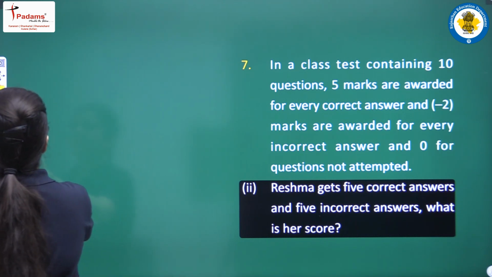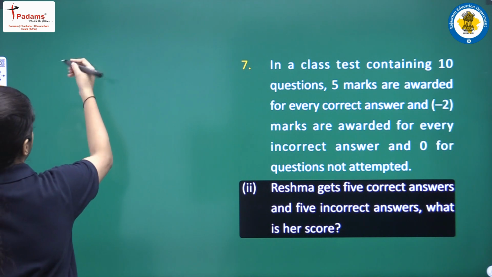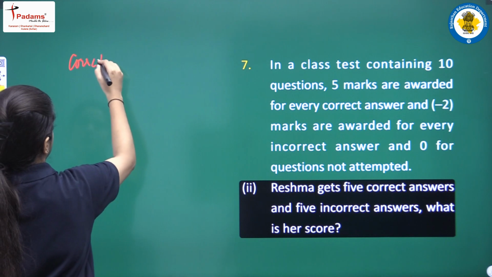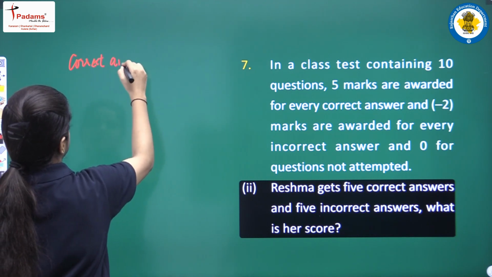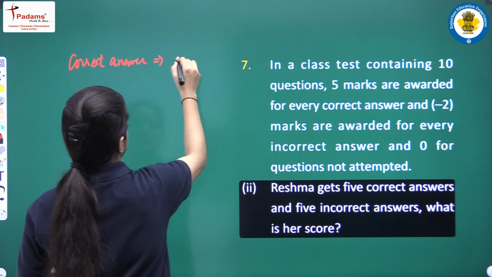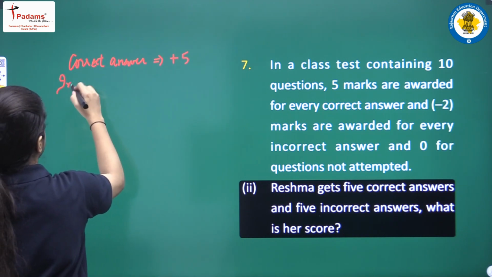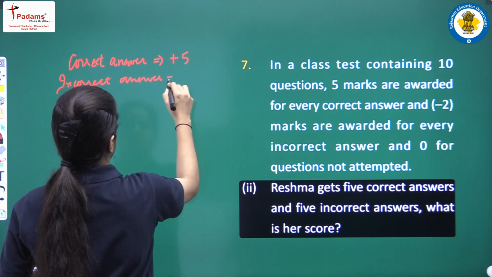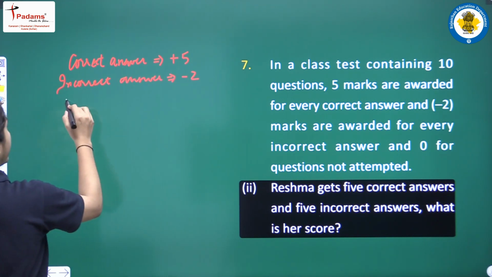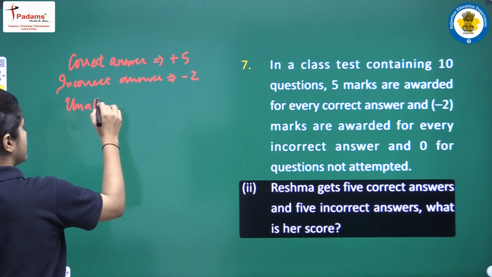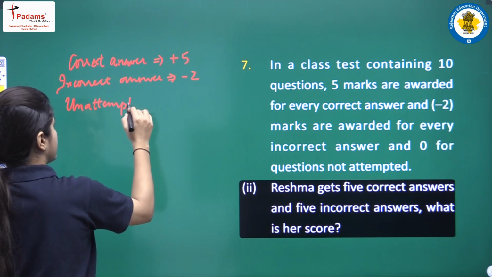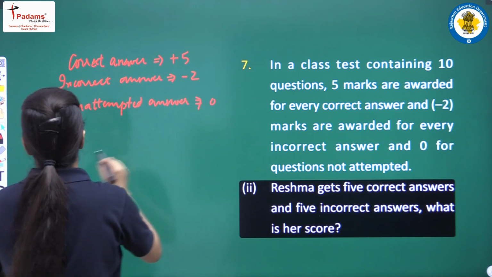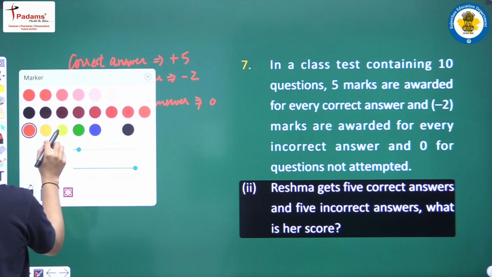Okay, similarly here also it is given that for every correct answer you will be getting plus 5, and for every incorrect answer you will be given minus 2 points, okay, and for every unattempted question zero marks. Alright students, so now we will find for Reshma.